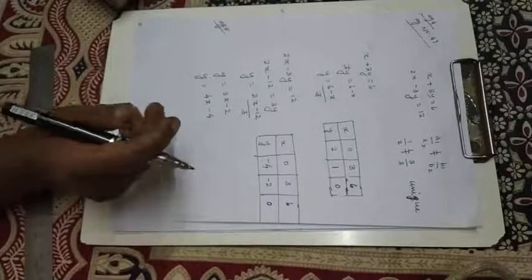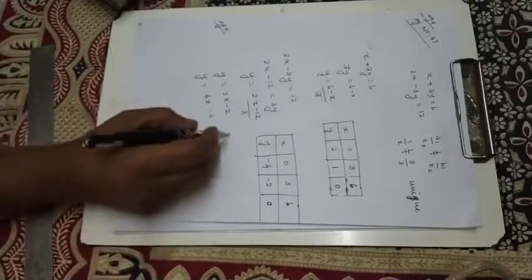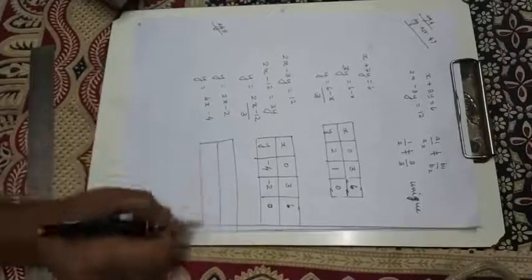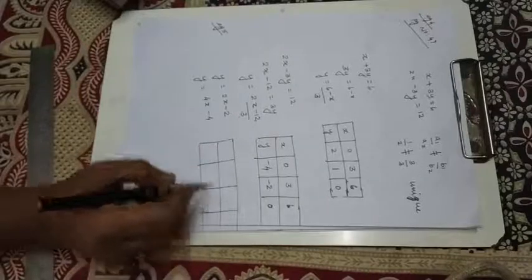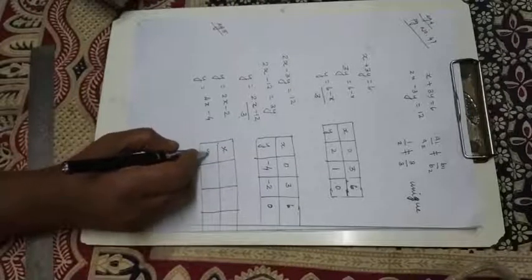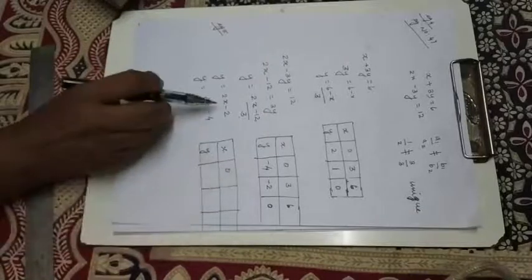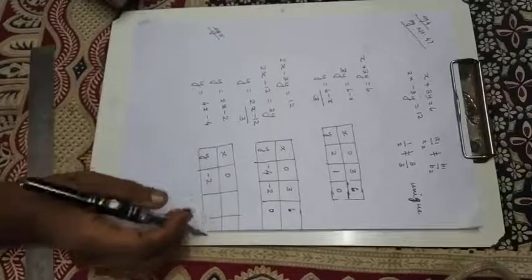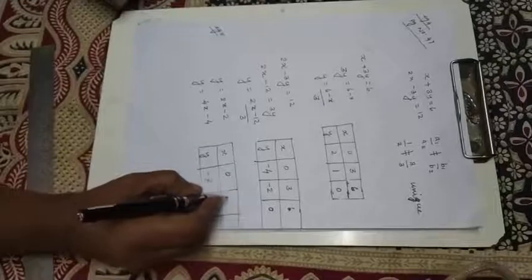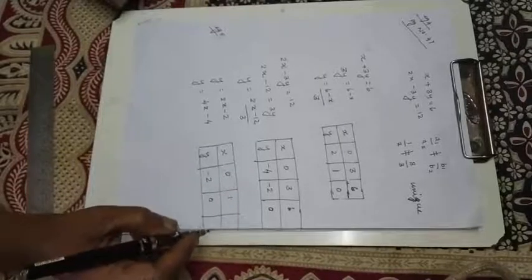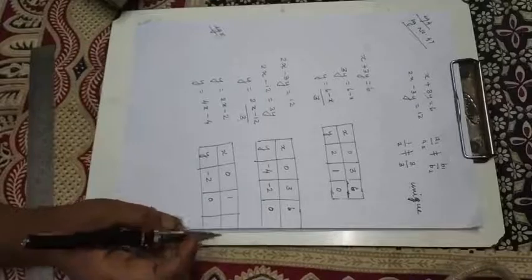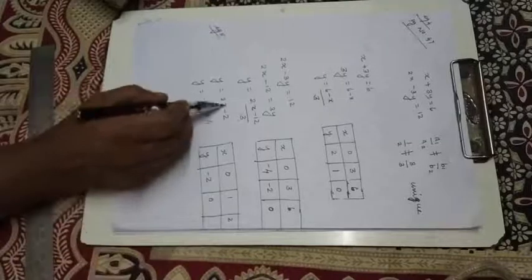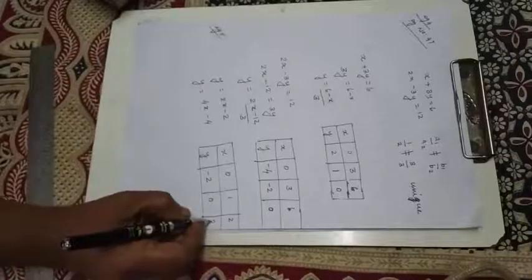Now here you have to find the solutions first. For the first equation, when x is equal to 0, you are putting 2 into 0 minus 2, so y will be minus 2. When you put x is equal to 1, y is equal to 0. Then when you put x is equal to 2, y equal to 2 into 2, 4, 4 minus 2, that is 2.